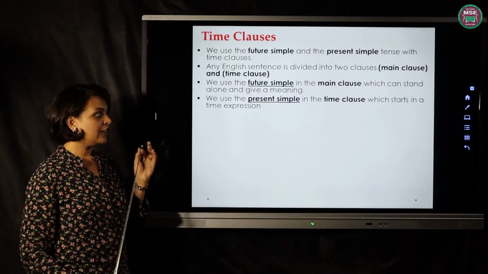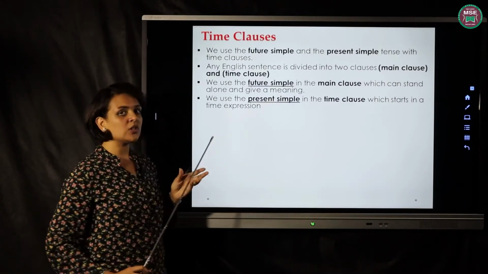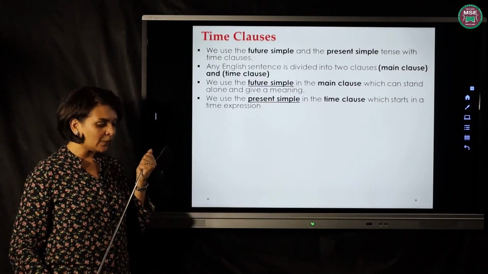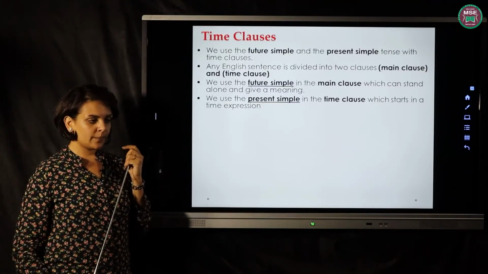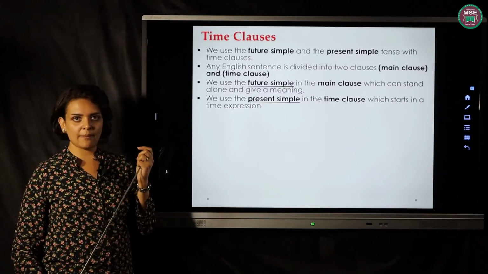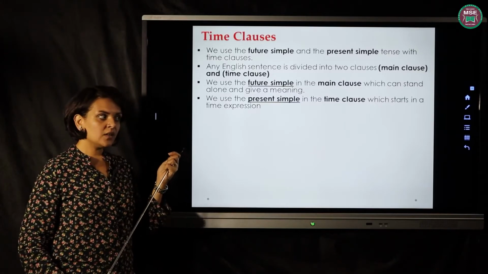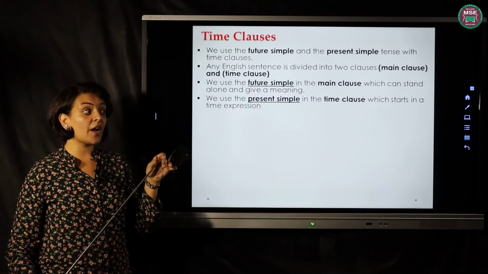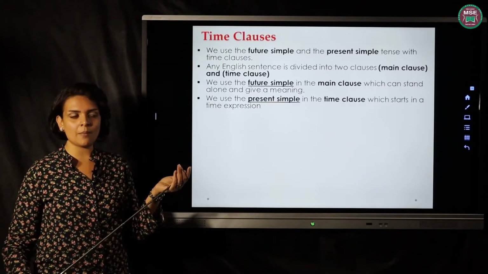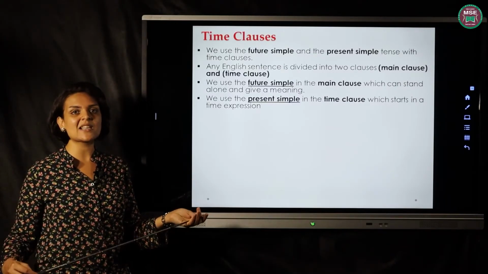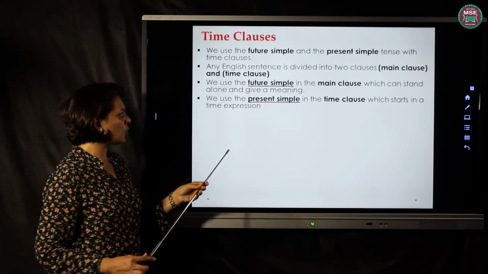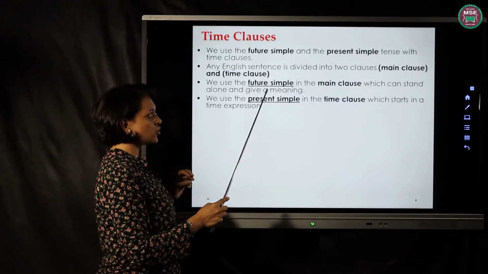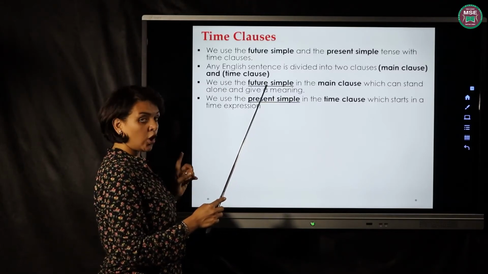And again, if I put the time clause alone, it will not give me a meaning, because it will say, for example, after 10 o'clock, before bedtime, when it happens. So all these are time clauses, but I cannot understand anything from them, because it's not a full sentence, it's a part of a sentence.